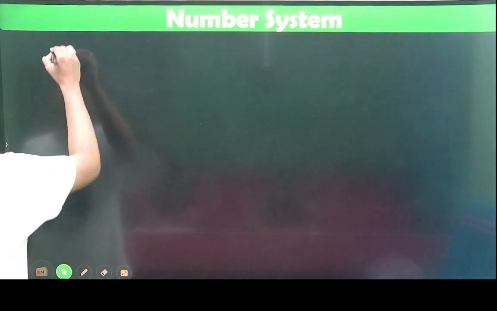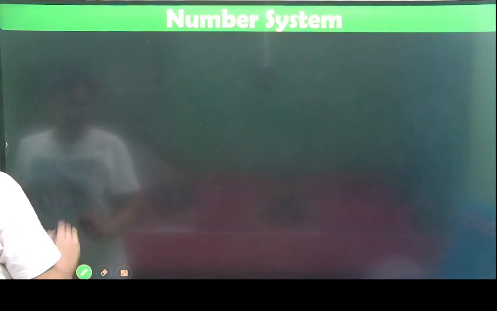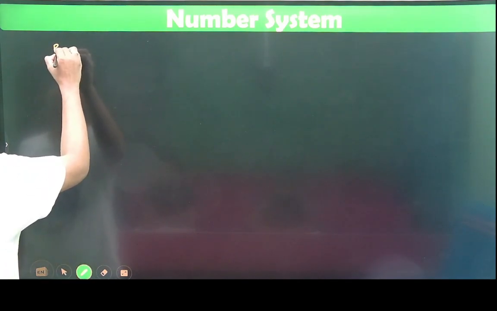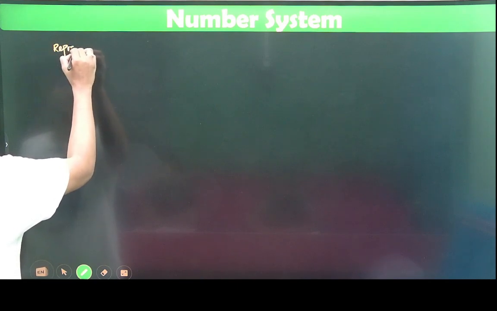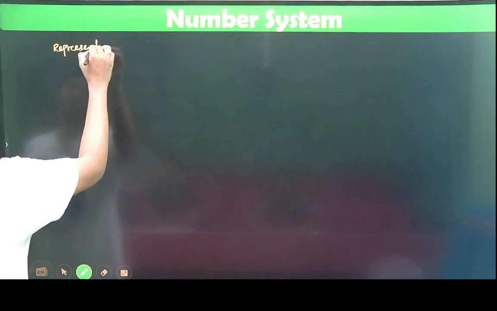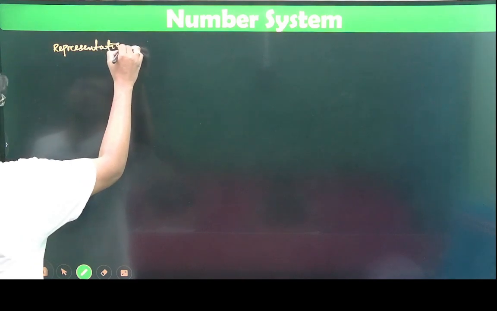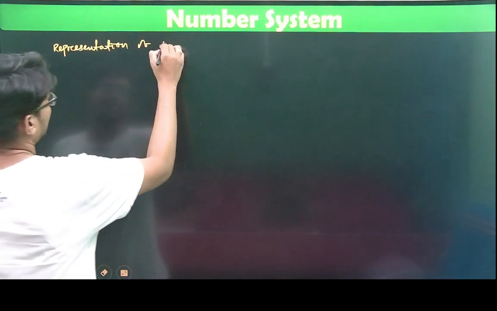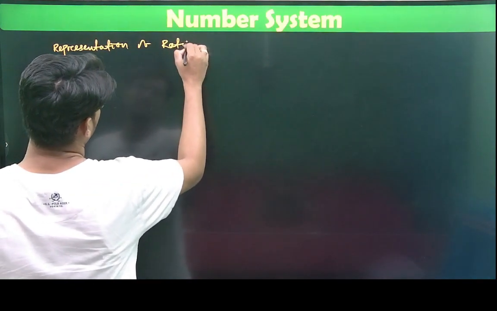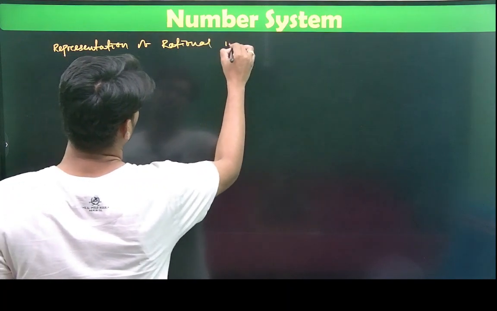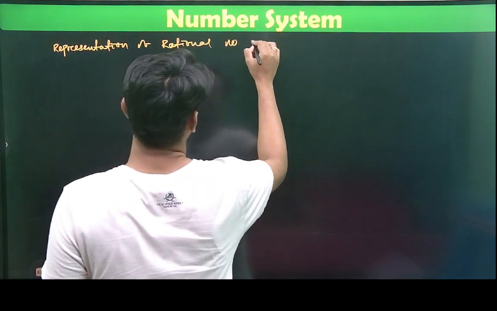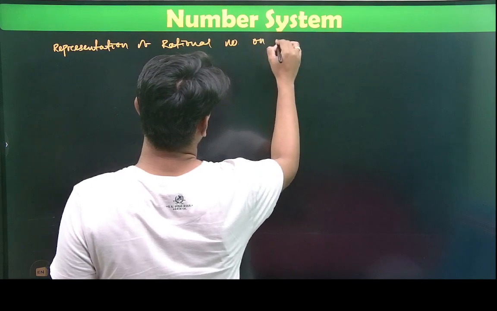Now what is the topic? A representation of a rational number on the number line.